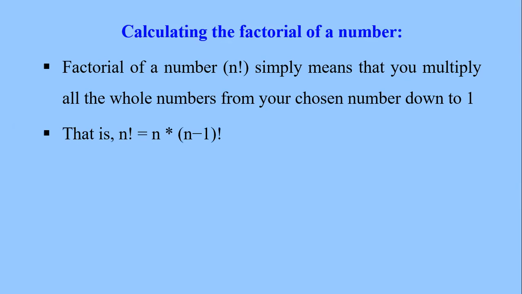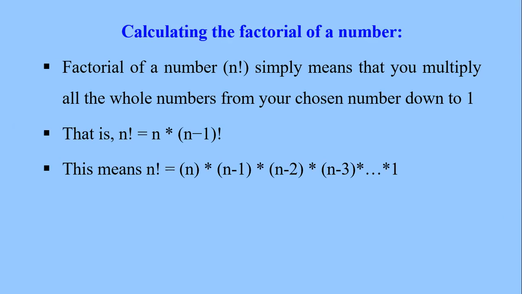That is, n factorial is equal to n times n minus 1 factorial. This means that n factorial is equal to n times n minus 1 times n minus 2 times n minus 3 times n minus 4 all the way to the lowest number, which is times 1.